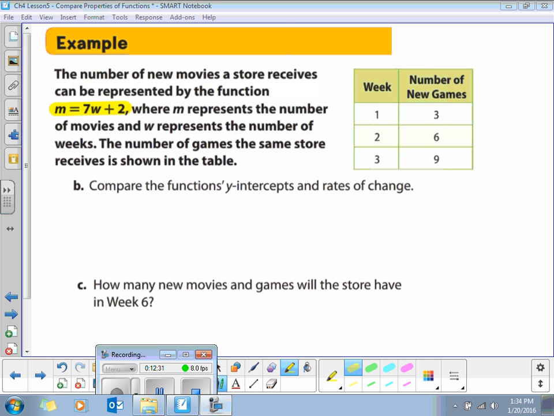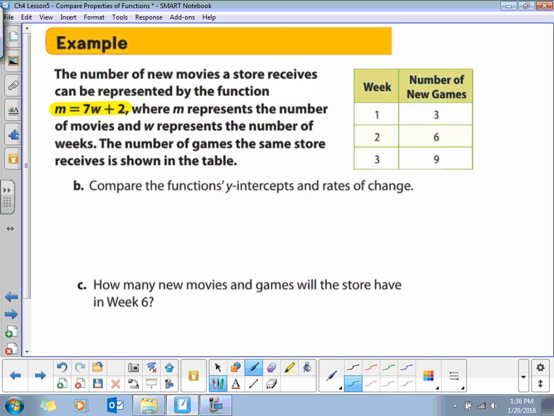Now, if we're looking at the y-intercept, what do I remember about the y-intercept? What do you remember about the y-intercept? It's where what? Where the graph. If we look at this equation, if we see y equals mx plus b, the y-intercept is 2. You see that?